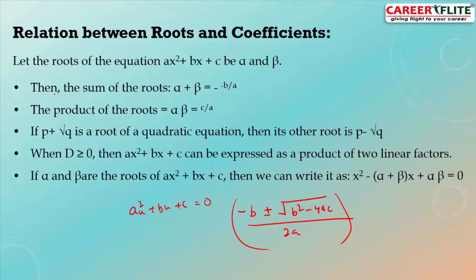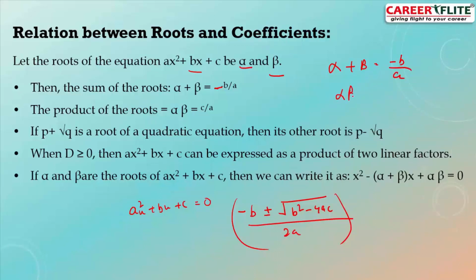So in this case, what will be the sum of the roots? Let the roots be alpha and beta. In solving this equation, if we find the roots to be alpha and beta, what will be the sum of the roots? The sum of the roots will be alpha plus beta equal to minus b by a. So what will be the product of the roots?